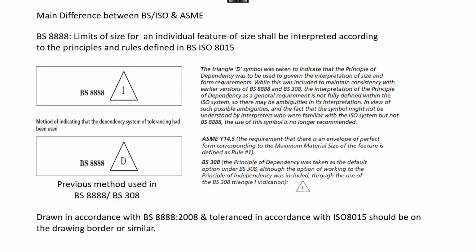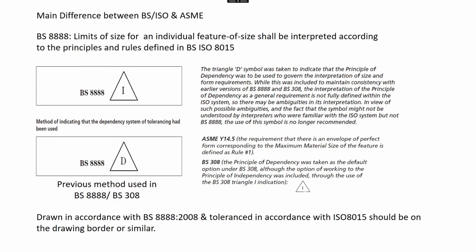So the British standard nowadays uses the triangle with the I in it, which is the system of independency, and you've got the triangle with a D in it, the system of dependency. The ASME system works on the system of dependency, and the ISO standards at the minute work on the system of independency. The differences between these two standards are very, very important to understand.